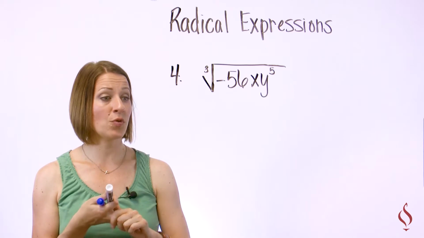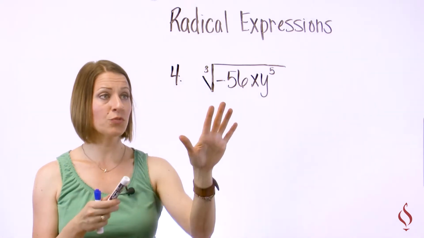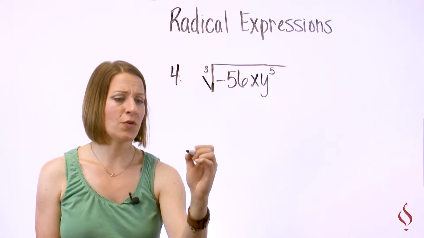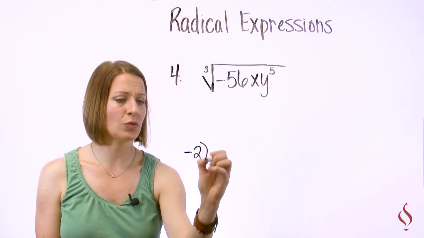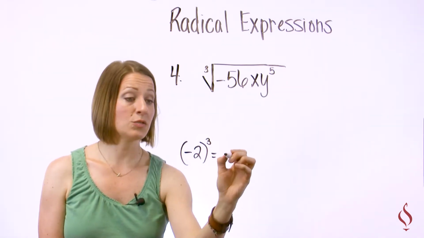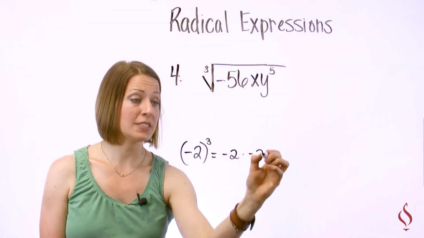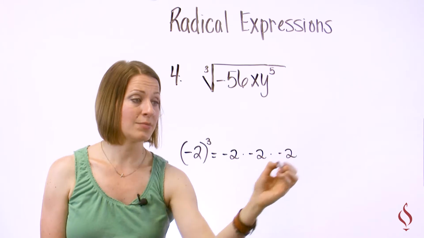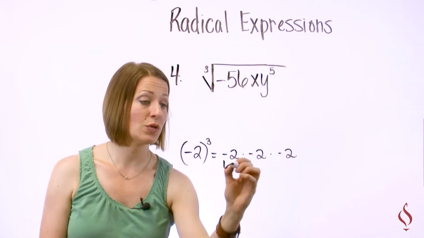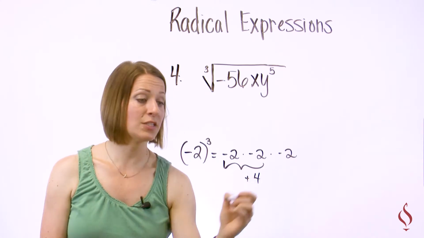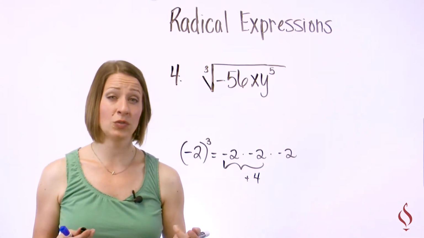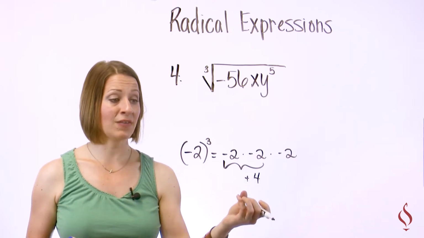So for example, before we solve this problem, if you had -2 cubed, okay, this would be -2 times -2 times -2. Well, -2 times -2 is a +4, but then when you multiply it by another -2, it's back to -8.